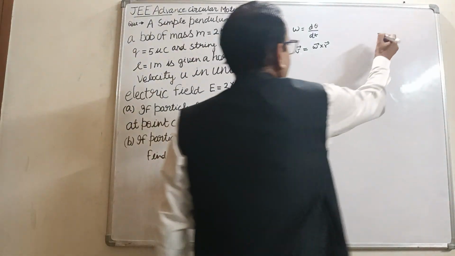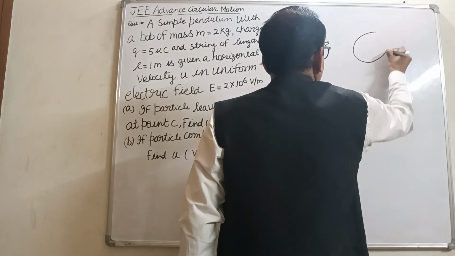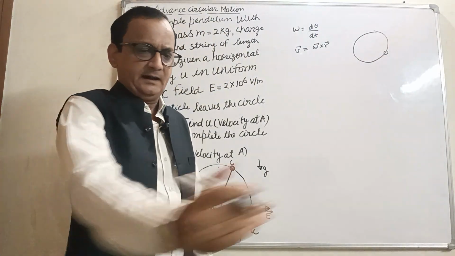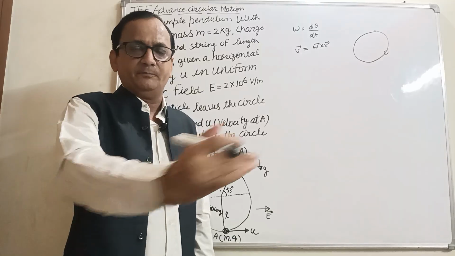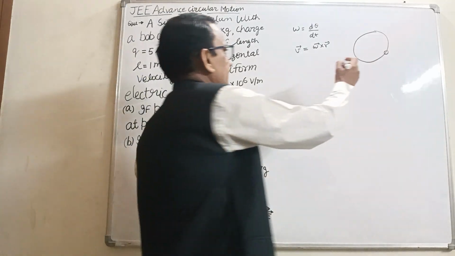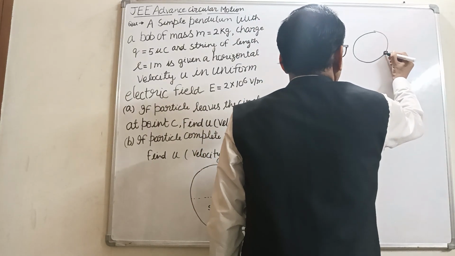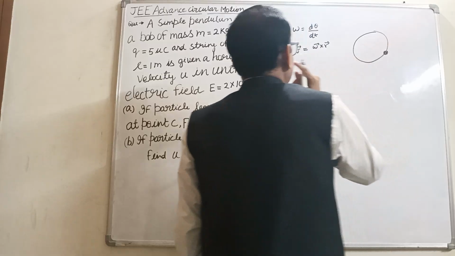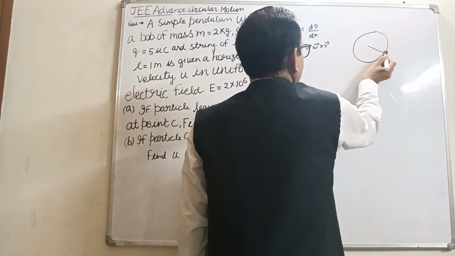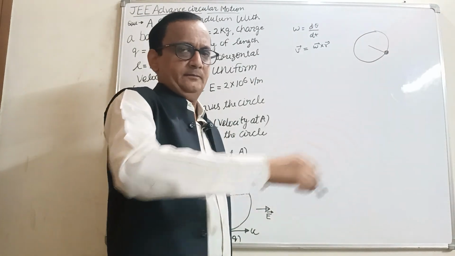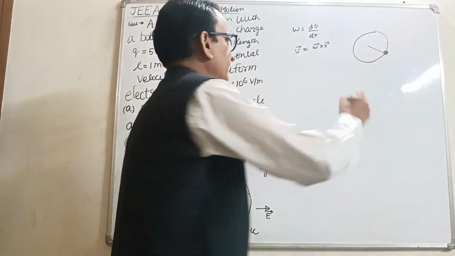Suppose an object is moving on a horizontal plane along this path, and suppose a string is attached here, with the bob moving in the horizontal direction.